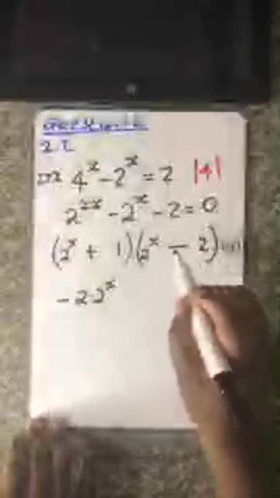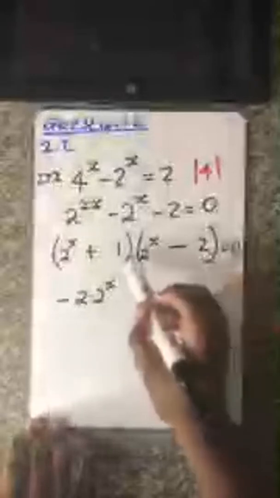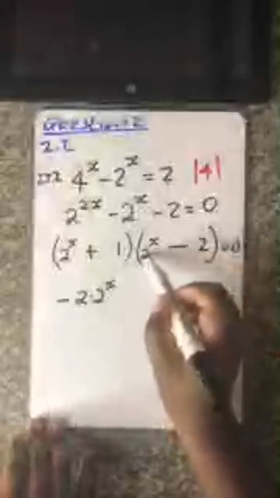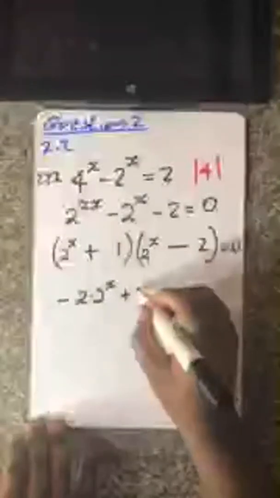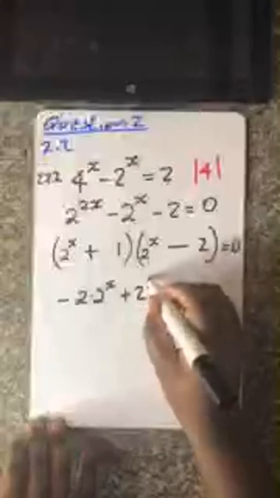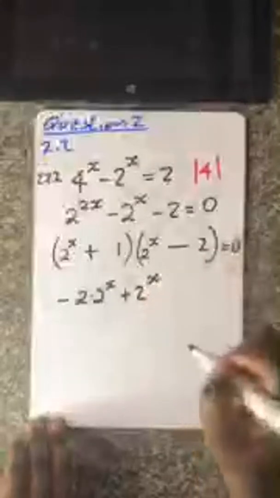So again, you've got 1 multiplied by 2 to the power x. It's going to be a positive 2 to the exponent x.